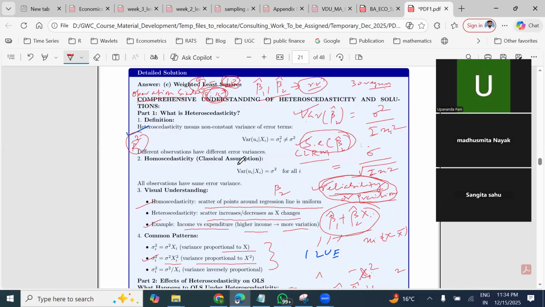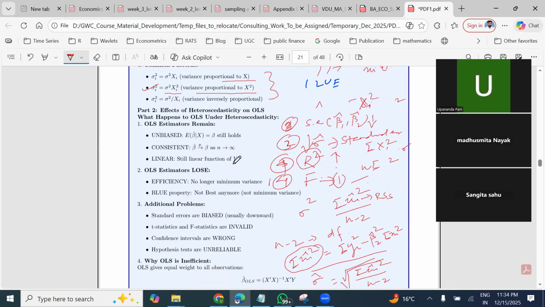Clear? Yes. Now you just see, it is clearly written that the OLS estimator remains unbiased, meaning the conditional expectation of beta hat will be beta. Consistency is a large sample property of the estimators, meaning beta hat will converge to beta if you increase the sample size.